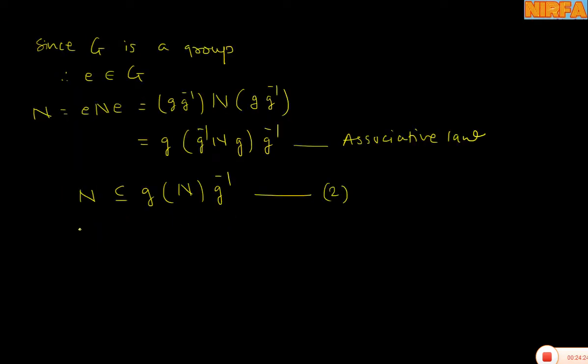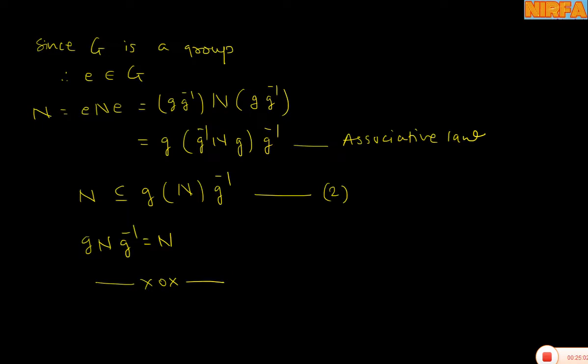And therefore from equations 1 and 2: in equation 1, g N g inverse is a subset of N. In equation 2, N is a subset of g N g inverse. Therefore from equations 1 and 2, we may write g N g inverse is equal to N. And therefore this is what we wanted to prove. And hence when N is a normal subgroup of G, g N g inverse is equal to N. And this is the end of the proof of this theorem or this lemma.